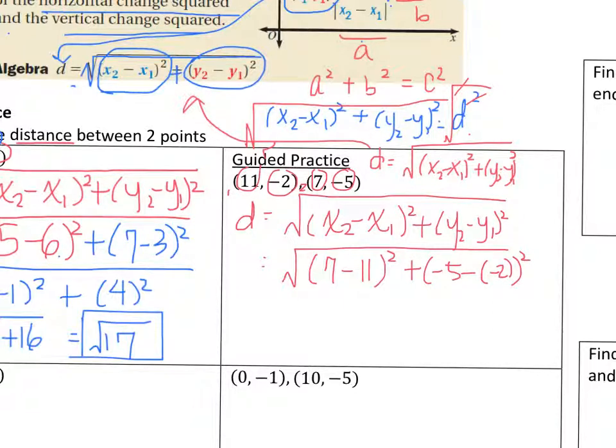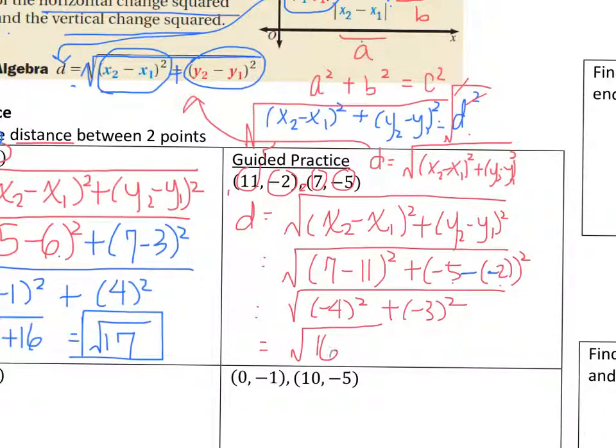Okay, be careful, you need to put a negative here, the double. 7 minus 11 is negative 4 squared. Plus negative 5 plus 2 is negative 3 squared. 16 plus 9, square root of 25, and we get 5. You don't have to show this many steps.